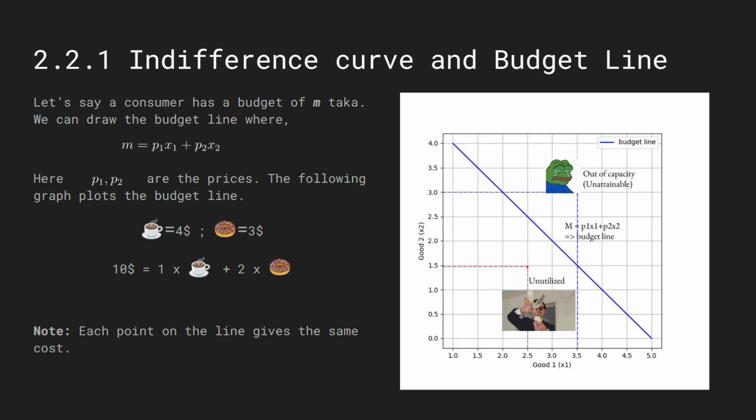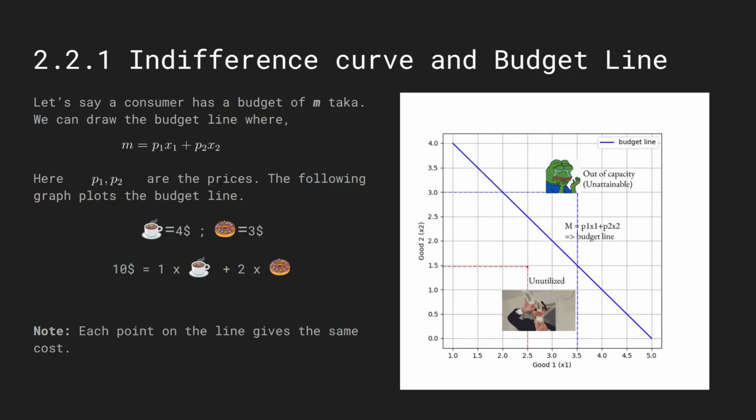If we look at the graph of the budget line on the right, there is a point under the budget line and there is also a point above the budget line. If the point is under the budget line, we call it unutilized. That means you have spent some money on two goods and you have a remaining budget that you can spend more on. And if the point is on the budget line, that means you have spent all of your budget to buy these two goods, like coffee and donut.